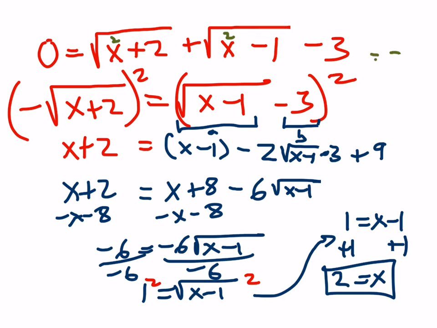So it's going to give us 2. And here we get the square root of 2 minus 1. Well, that's the square root of 1, which is 1, so plus 1 minus 3, and that makes 0. All right, so that checks out. When we substitute, this is what we get, and that's great. So it checks out. All right, so our answer: x equals 2.